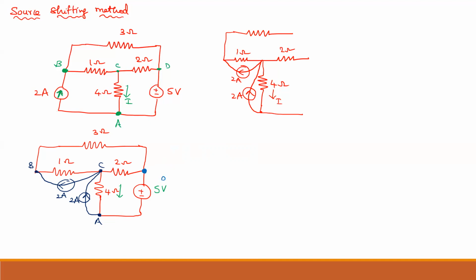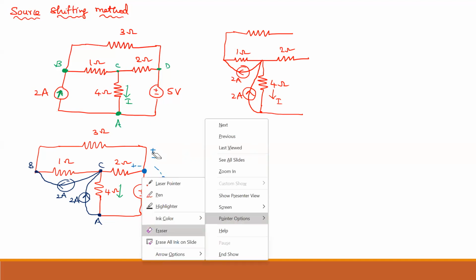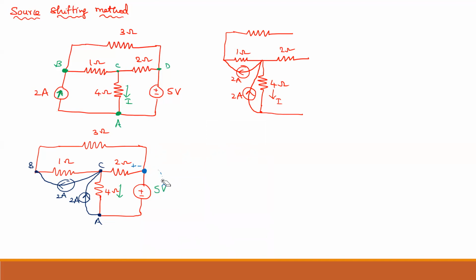Now, whenever you are going there, which terminal will go first? Positive terminal first, next negative terminal. And this junction has two routes. In both the routes, you have to take it. First it goes to the positive terminal, next to the negative terminal. So that is what we have to draw when we are transforming the voltage source.